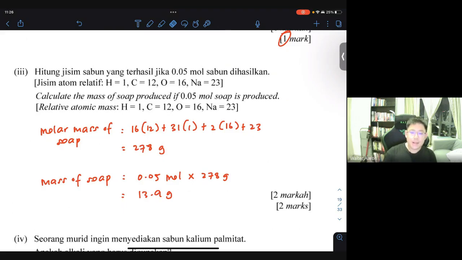Then you want to know how much soap is being produced. We have 0.05 mole of soap, so 0.05 mole multiplied by 278 grams will be 13.9 grams. If you get the calculation correctly, you should get 2 marks: 1 mark for the final answer and 1 more mark for the working of the calculation.